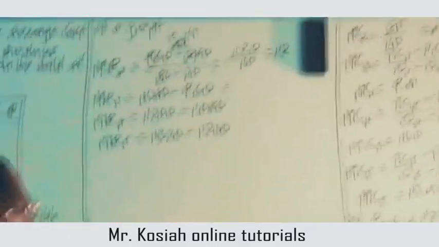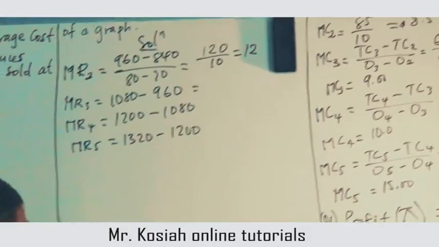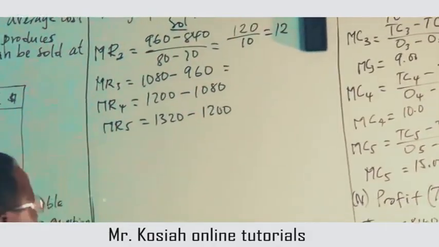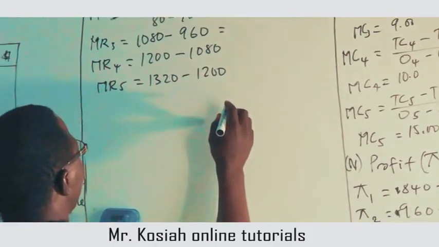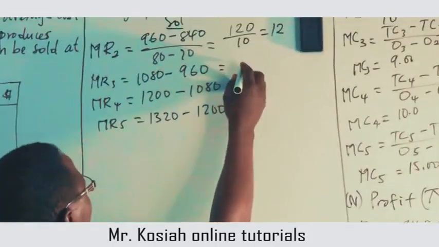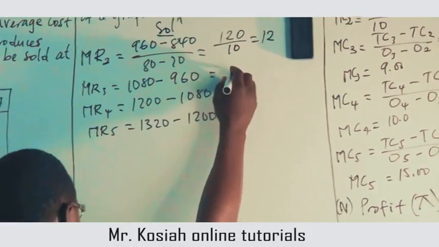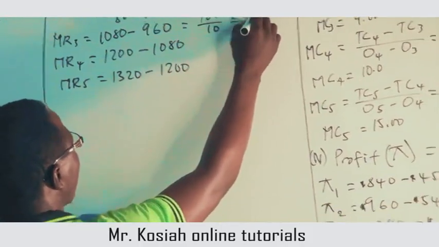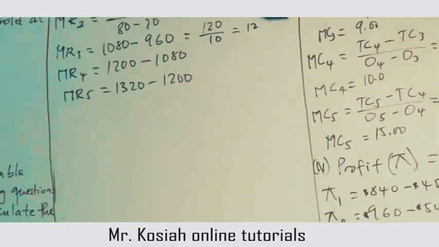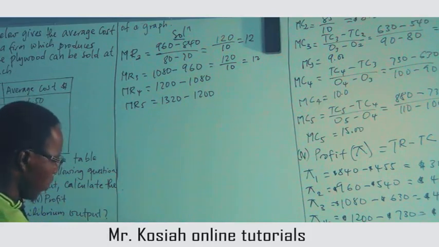So we come here again, the same thing, 1080 minus 960 equal, this is 12 also. All over 10, this is equal to 12. I don't know what I'm calculating. Let me go over that again.